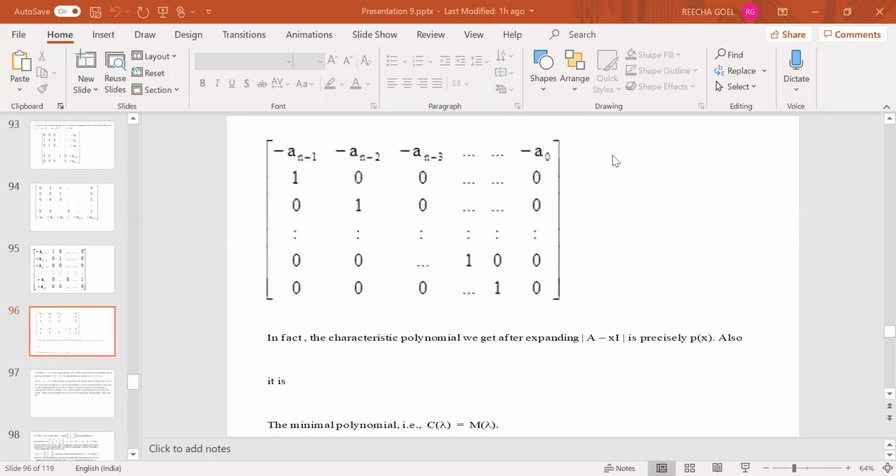And lastly, if I just consider the first row, again I am going to start with minus a_{n-1}, minus a_{n-2}, minus a_{n-3}, and the last entry is going to be minus a0. So in two cases the starting point was minus a0, and in the other two cases the last entry was minus a0.